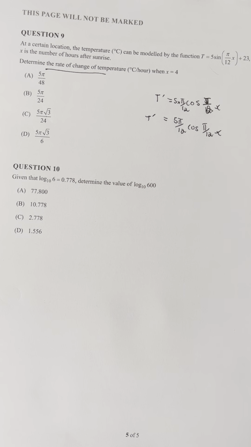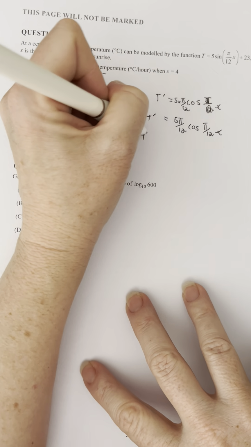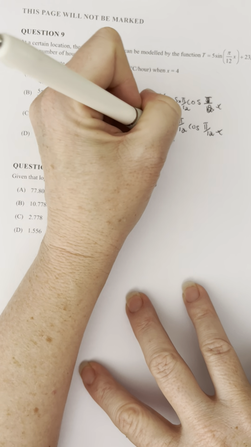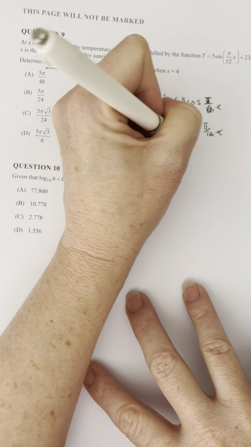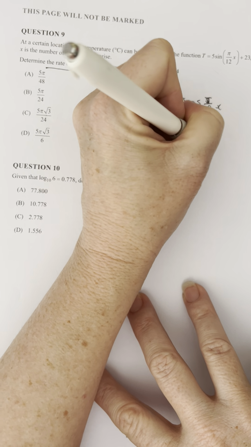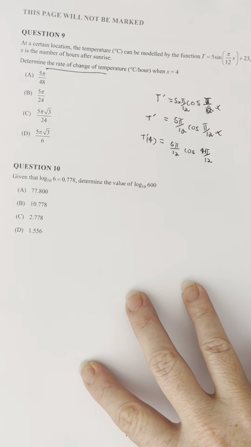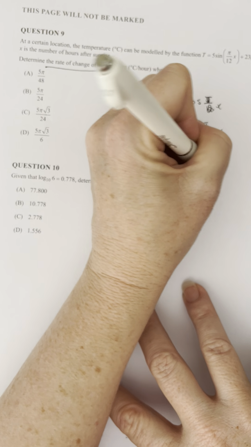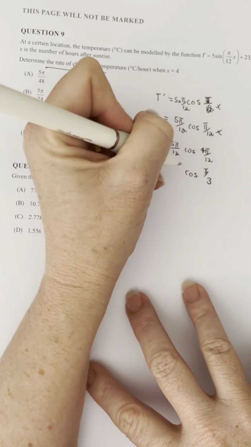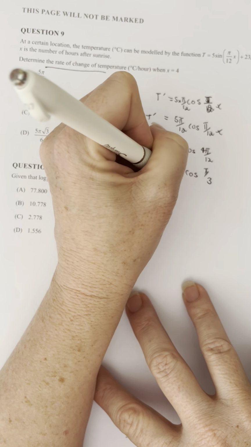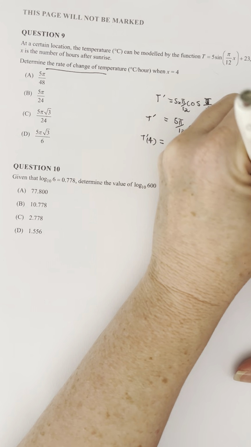Then we're substituting into that x equals 4. So we've got 5 pi on 12 cos of, and here it will be 4 pi on 12. Now 4 pi on 12 is going to simplify to pi on 3. So getting to our 60-30 triangle.